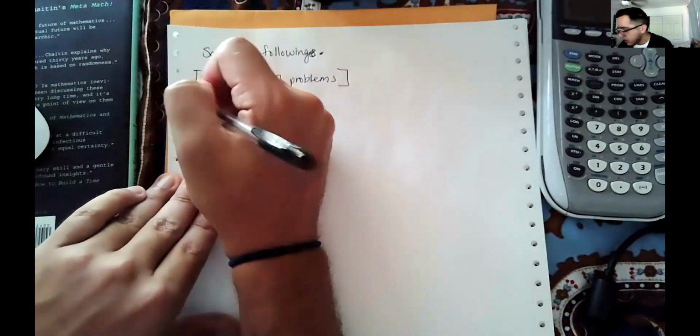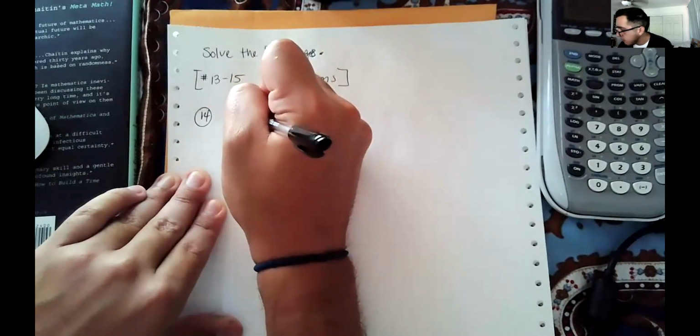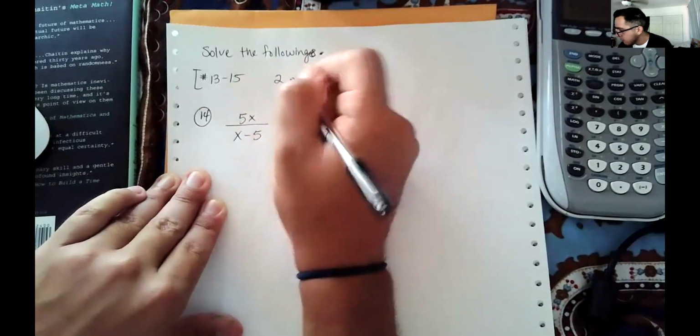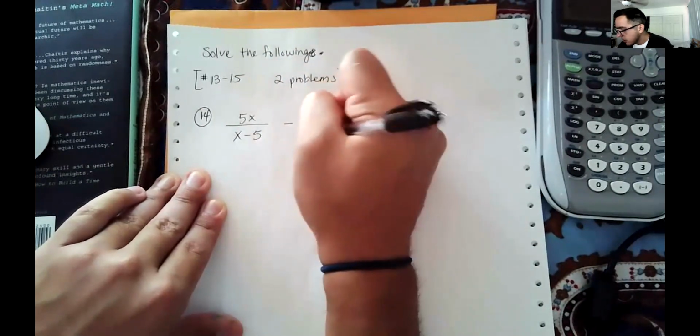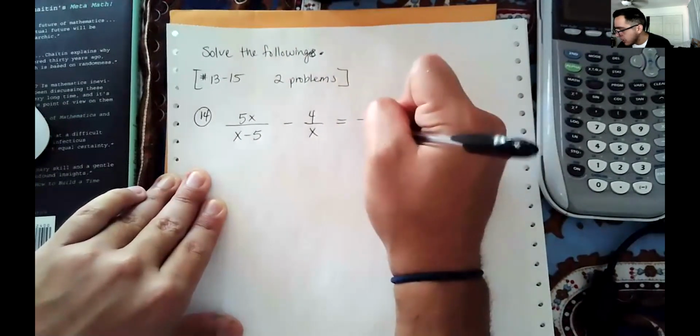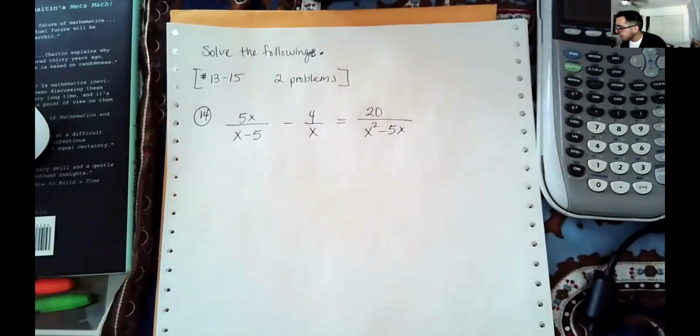So we'll start with question 14, which is 5x over x minus 5 minus 4 over x is equal to 20 over x squared minus 5x. Okay.